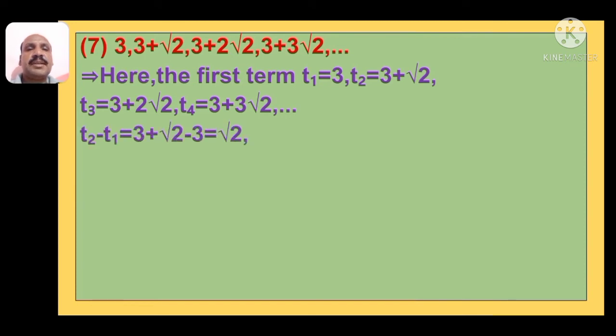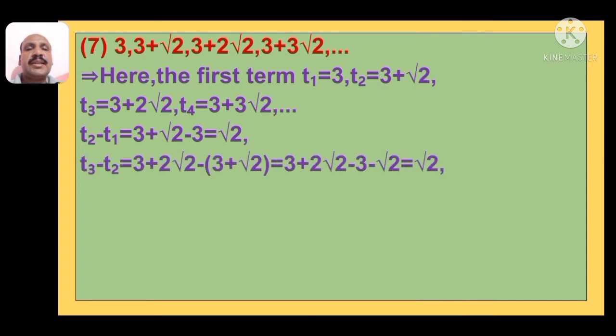T2 minus T1 is equal to 3 plus root 2 minus 3. The answer is root 2. T3 minus T2 is equal to 3 plus 2 root 2 minus (3 plus root 2), which is equal to 3 plus 2 root 2 minus 3 minus root 2, that is root 2.